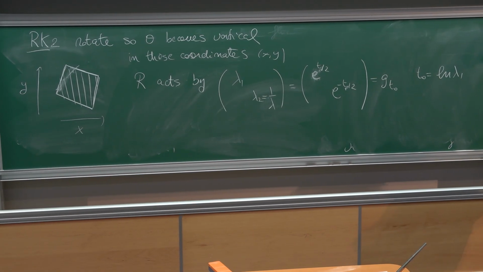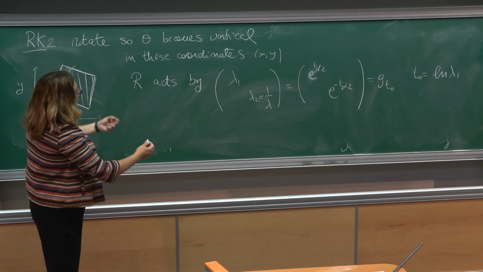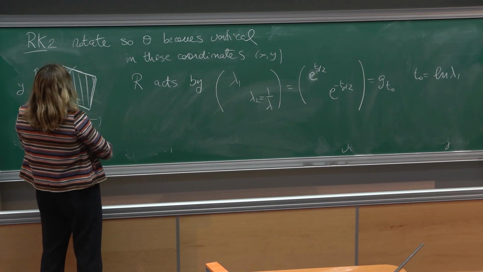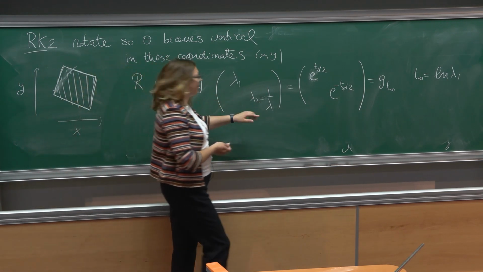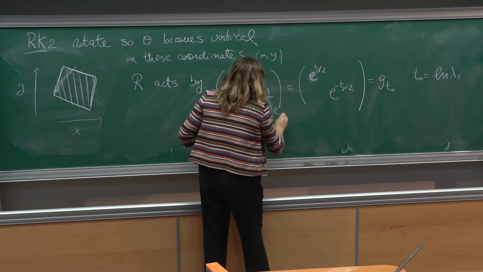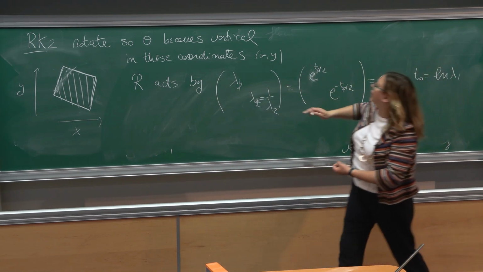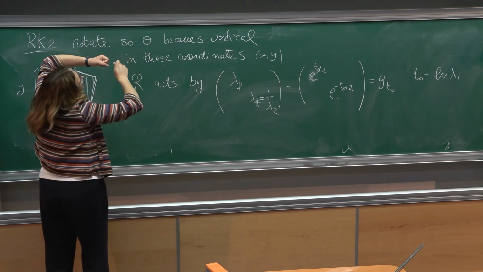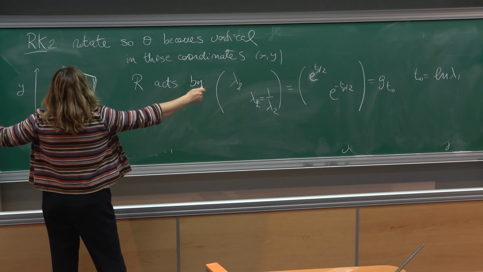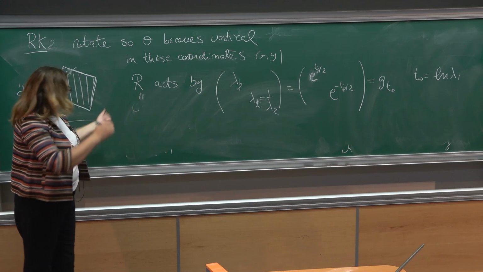OK. So I can think of it as a diagonal map, which in my case, maybe I did the opposite. Yeah, maybe I did the opposite. I think it should have been lambda 2 here and lambda 1. And this is my matrix, if I'm doing, no, R, no, wait a second. R, we said, is the one which is contracting the vertical and expanding the horizontal. So R is the inverse of the cut map rotated.